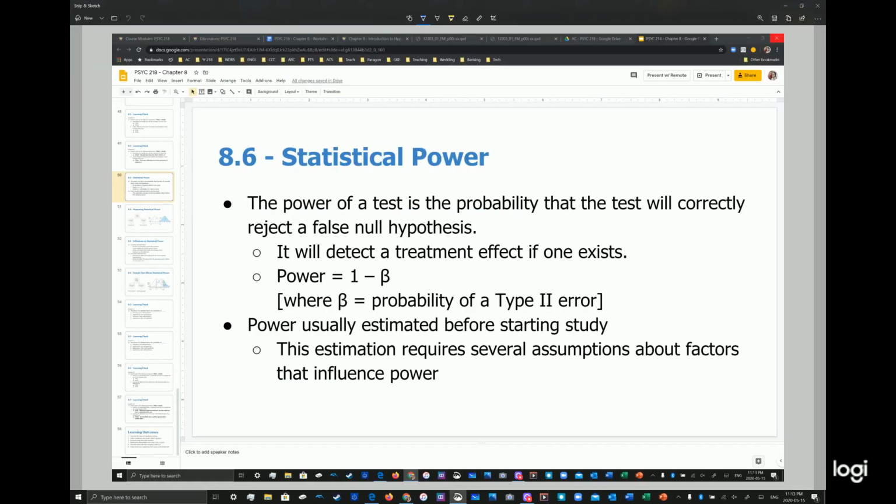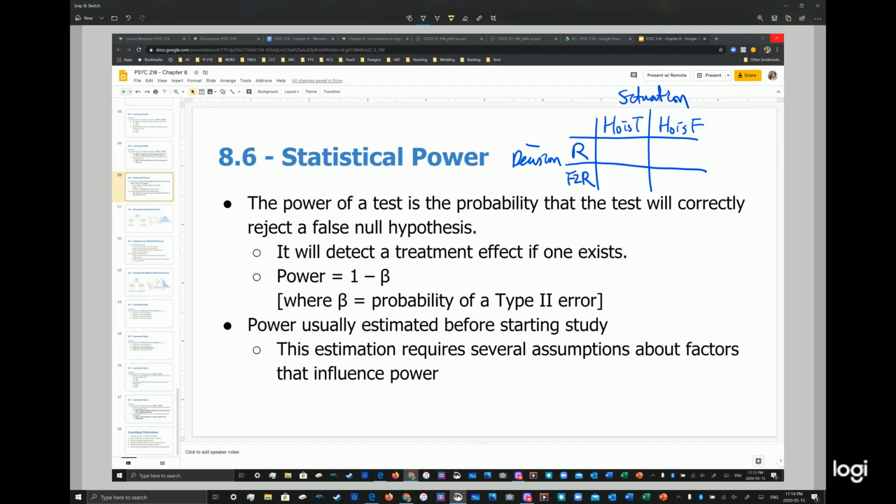So here then, to review, you can draw a decision matrix for this. You have your situation, and you have your decision. I'll quickly review here.